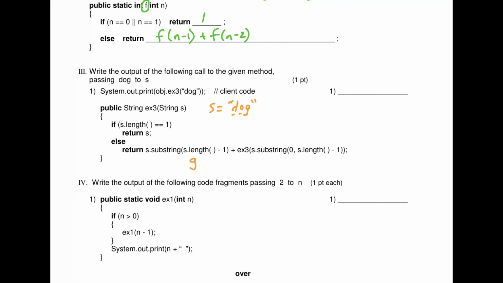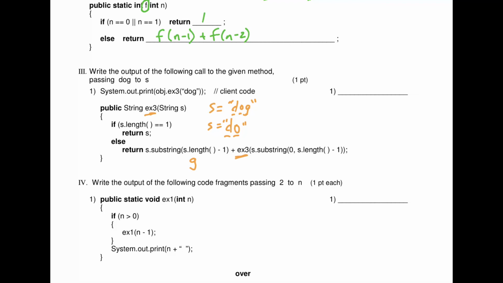All right, plus, then we're going to run this code again, right? It's calling the execute3 method. So we're calling itself, which is making it recursive. So now s is going to become, we got our 0 to s.length minus 1, so it's going to be do. This obviously, once again, does not have a length of 1 when we start the method, so we're going to move down here.